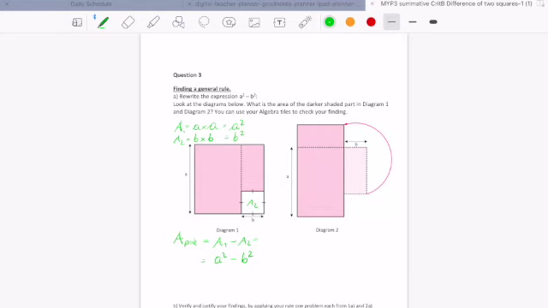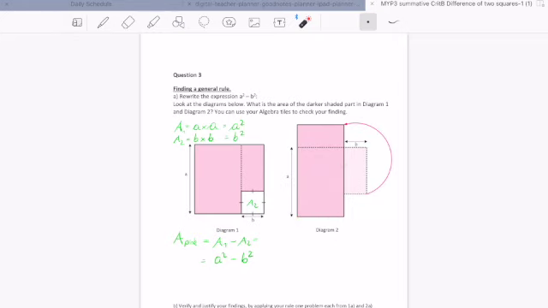And then the trick here was, in diagram 2, this part here is the same as this part here. And it's taken off this side and it's put right here on top of that rectangle to make a big rectangle here.